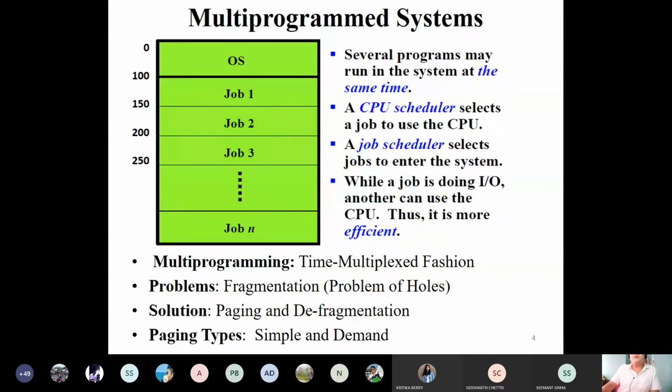Now, in order to begin the execution of a program, all 10 pages are not always necessary. In a modular program, all the code is not executed at the same time. Say for example, you have written some program P, and it has 10 subroutines.